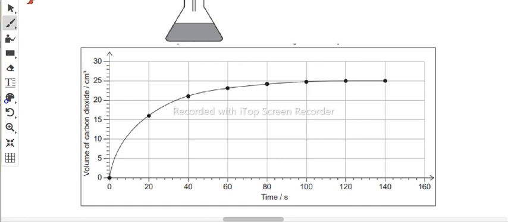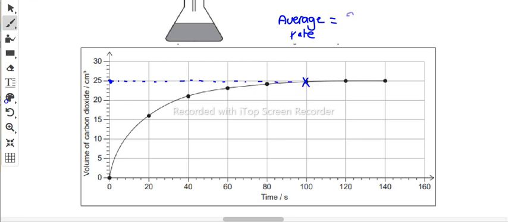So if I'm going to look at my graph, I can maybe start thinking about the average rate. To calculate the average rate, we need to remember that we're going to take the maximum property collected, which in my situation is the volume of carbon dioxide, exactly at 25. So this is my maximum volume collected.